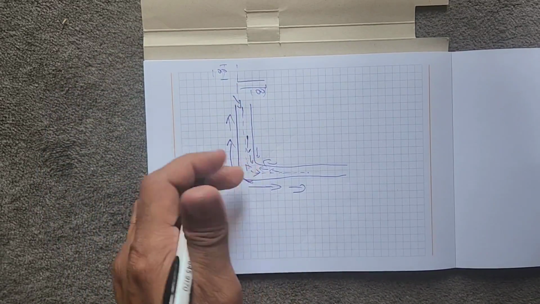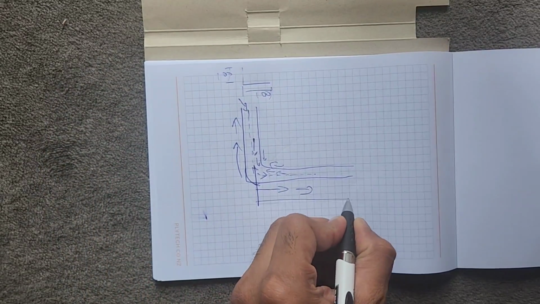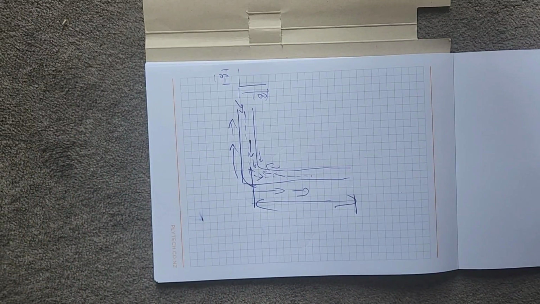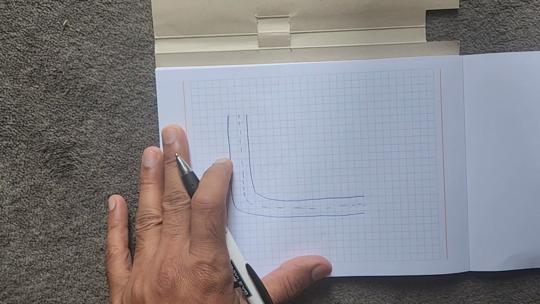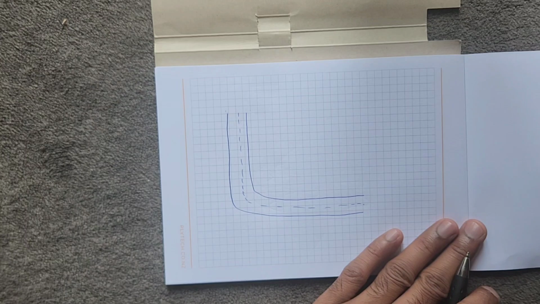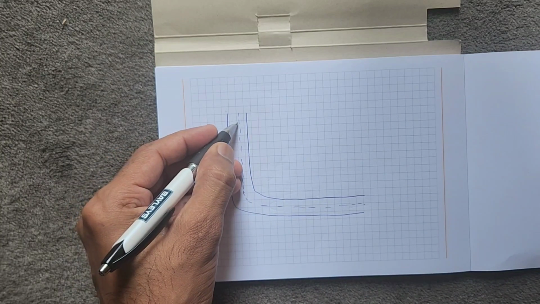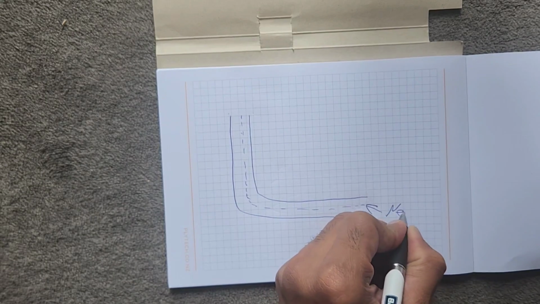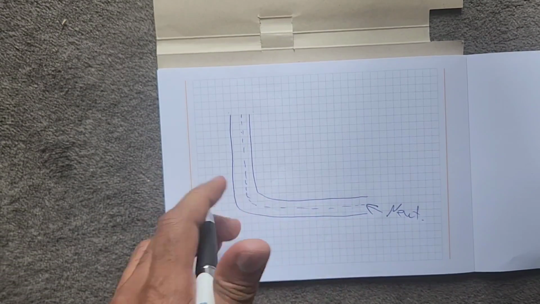To find out what that dimensions would be, we find the K factor. Just so we are on the same page, if you have understood the last concept better, now what that middle line represents is called the neutral axis. This is called the neutral axis.